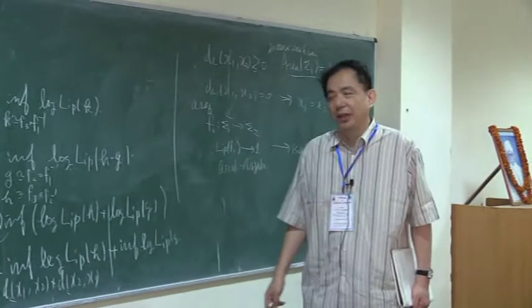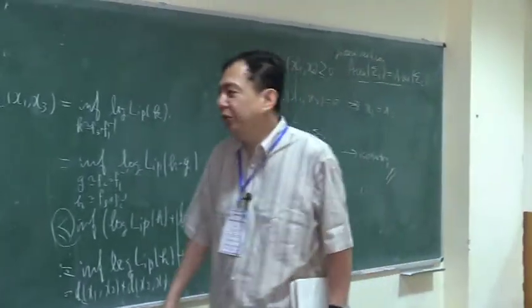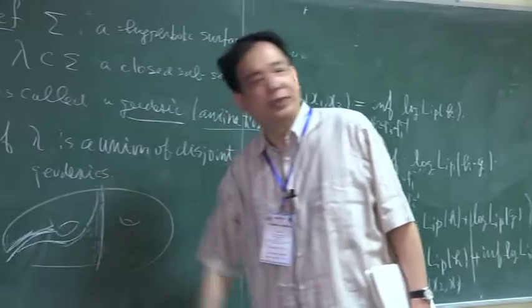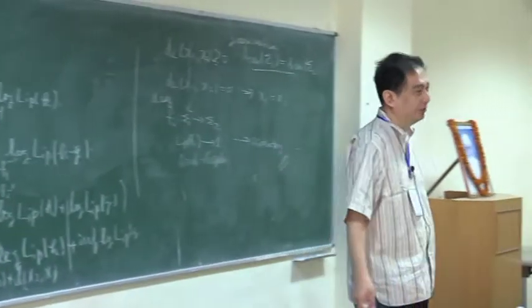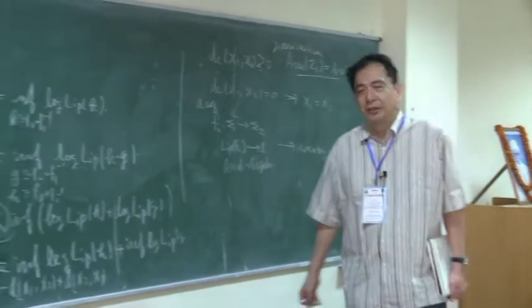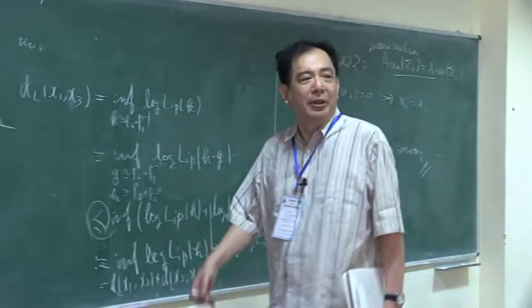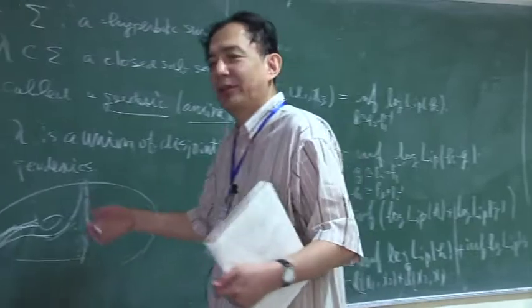So that means it's a closed set. So the union of these three geodesics is a geodesic lamination.